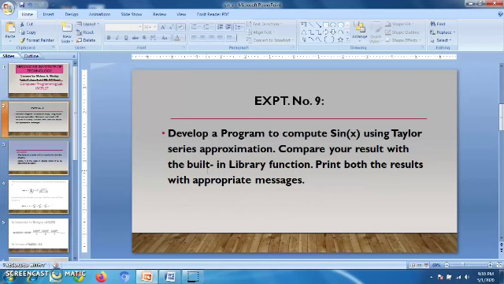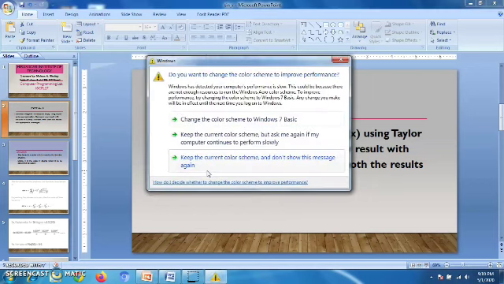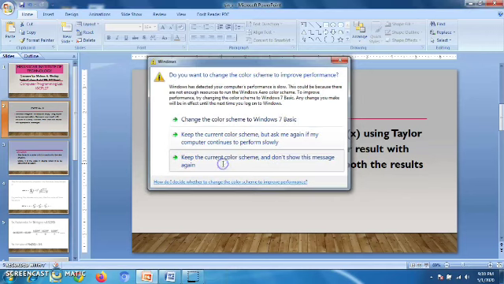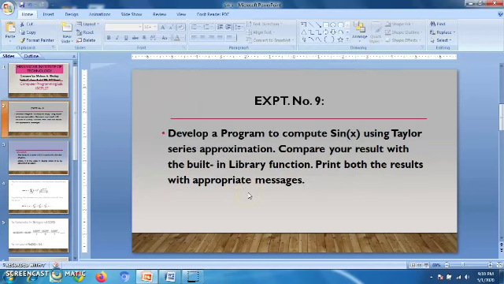You wrote sqrt of d, and it directly calculates the square root. You have not written any function, you are just using it. In the same way, in C we have a function to calculate sin: if you want the value of sin of x, you just call sin of x, and it will display the value.